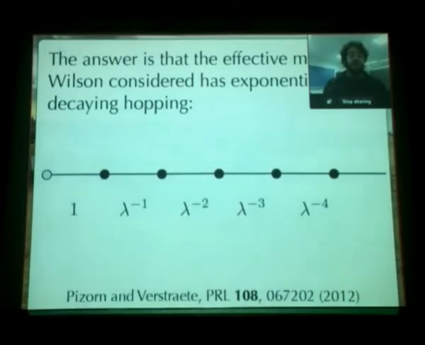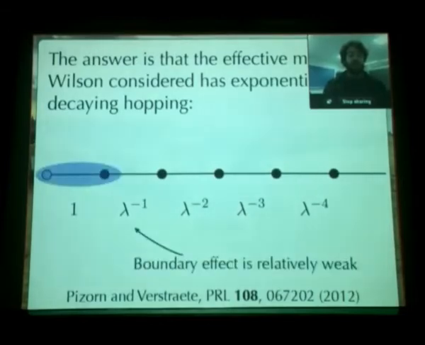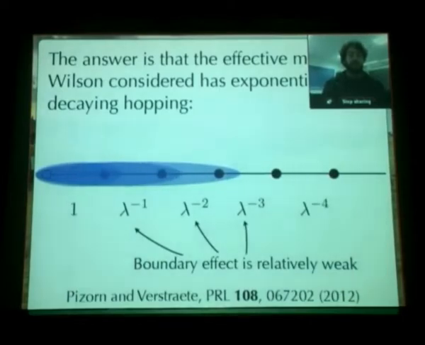But now if you please click on the slide, it shows how you can group the sites together in the NRG. And so in the NRG, the other day I showed it kind of blocking many sites all at once. But the way it was really done was that you first group the first two, find its energy eigenstates, then the next two. And you see that each time, the coupling that's coupling those sites to the rest of the system over to the right is relatively weak, down by a factor of lambda, or down by a factor of like 1 over lambda compared to the energy scales of the sites that are grouped.